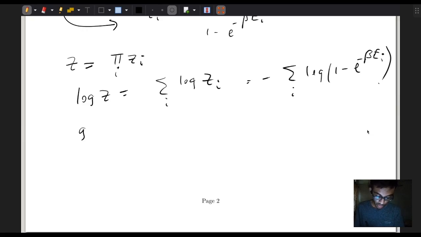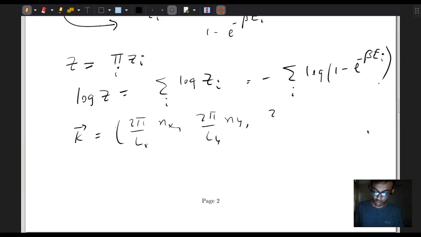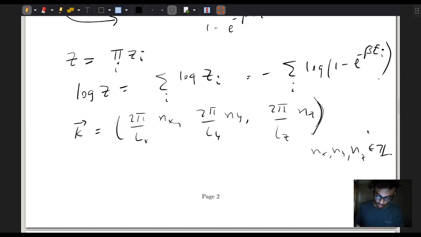The allowed values of the momenta, like we've seen before many times, are the allowed wave vectors, the plane waves with periodic boundary conditions, where nx, ny, and nz are integers.